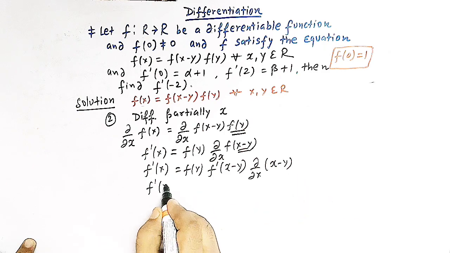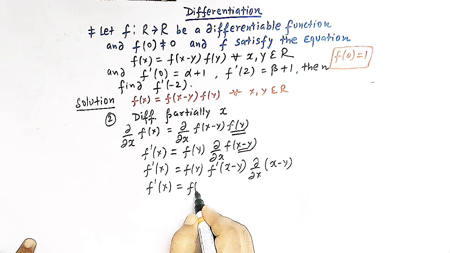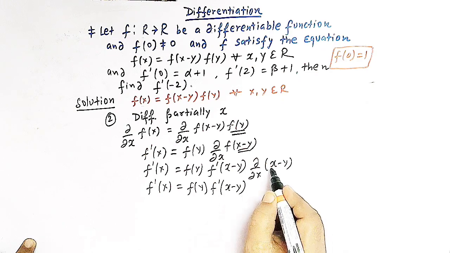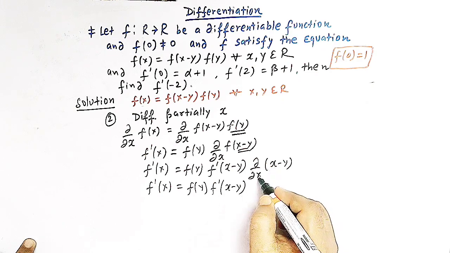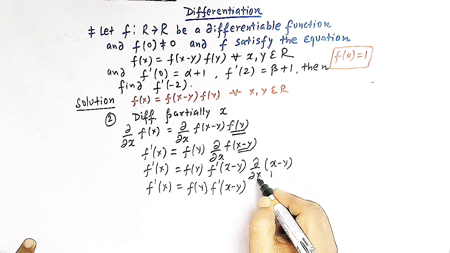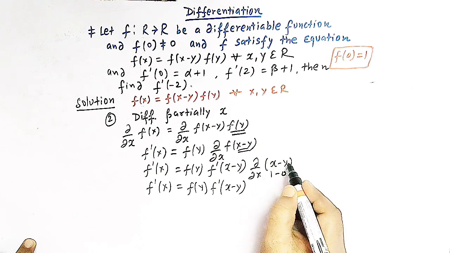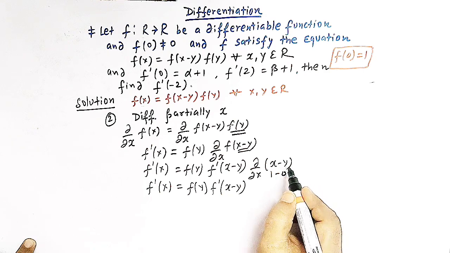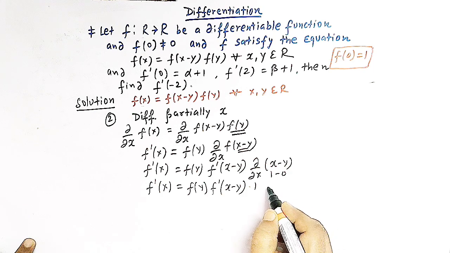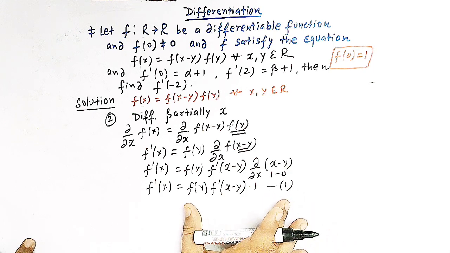So we have f prime of x is equal to f of y times f prime of x minus y, and here the derivative of x with respect to x is 1, and the derivative of y with respect to x is 0, because y is treated as constant. So here we have 1. Okay, so now here we have this equation.